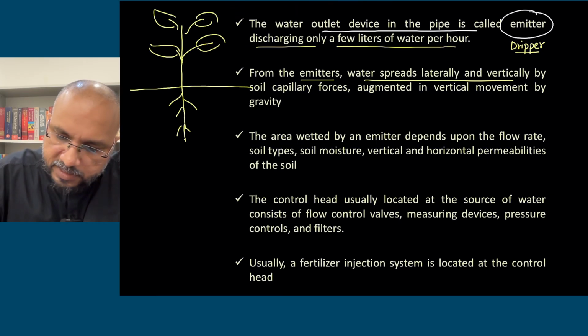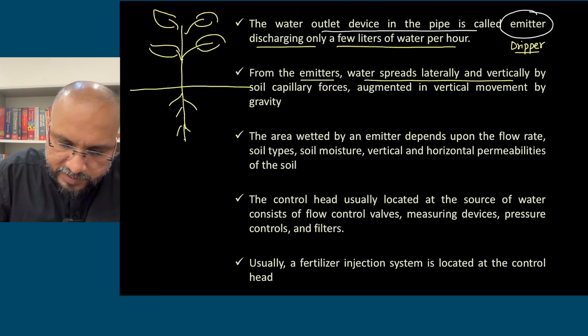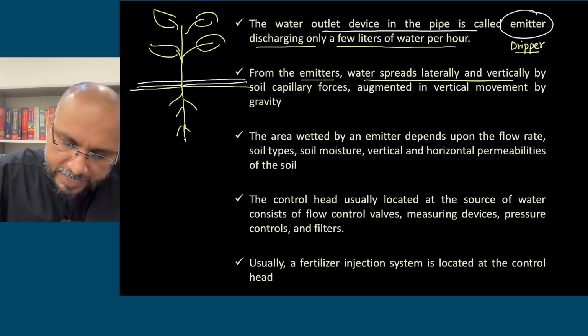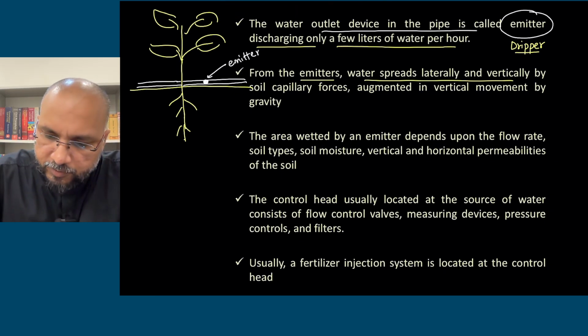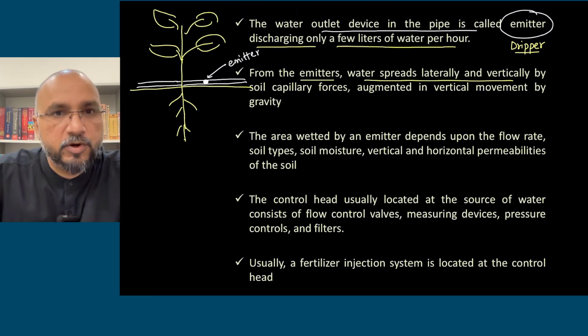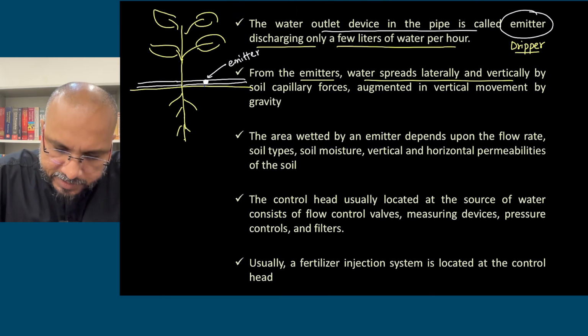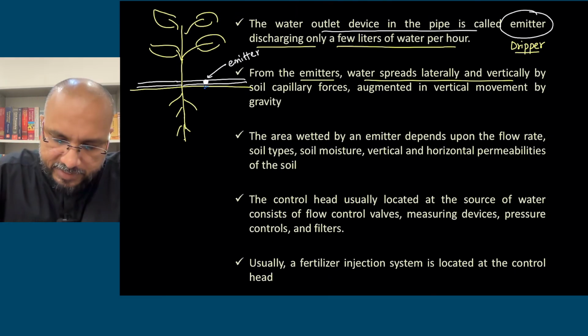Here is your lateral, laid down here. And on the lateral you have the emitter. Okay, so from here water will come out in the form of drops. One drop at a time will fall.